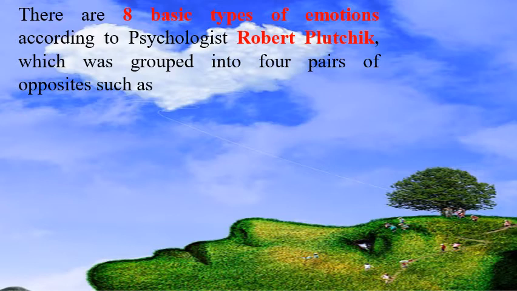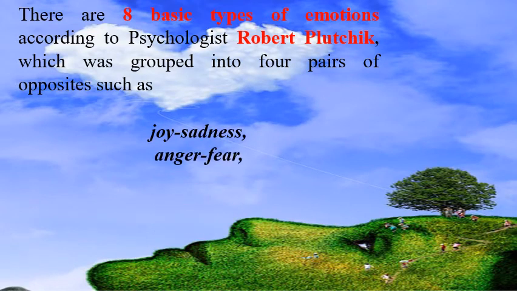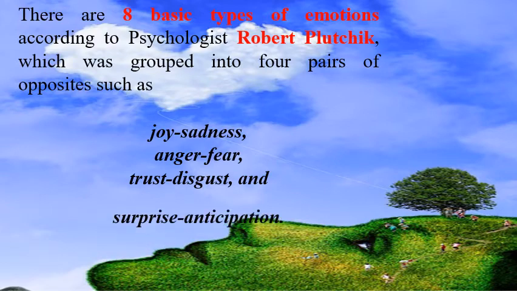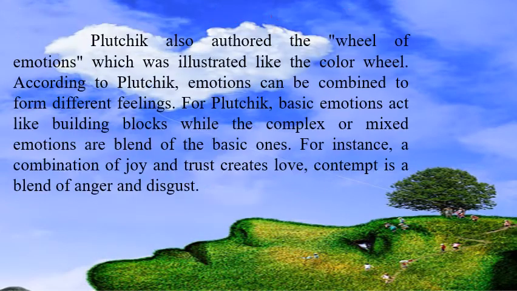So there are 8 basic types of emotions according to psychologist Robert Plutchik, which were grouped into 4 pairs of opposites: joy and sadness, anger and fear, trust and disgust, and surprise and anticipation. Plutchik also authored The Wheel of Emotions, which was illustrated like the color wheel.